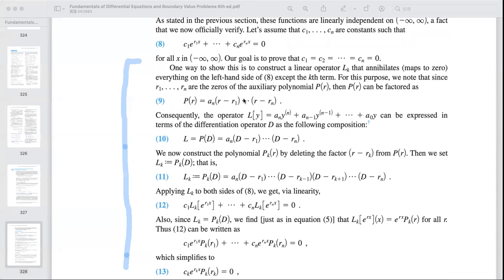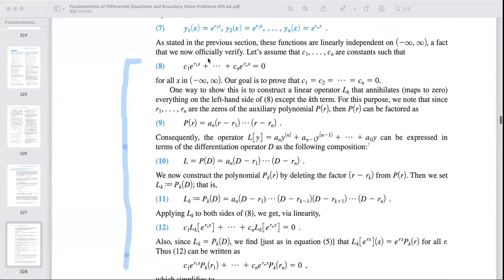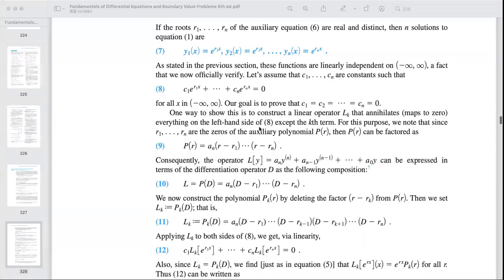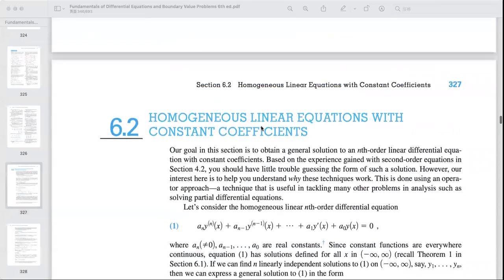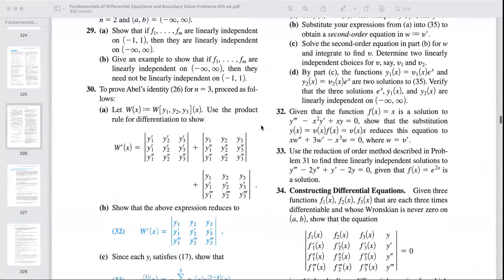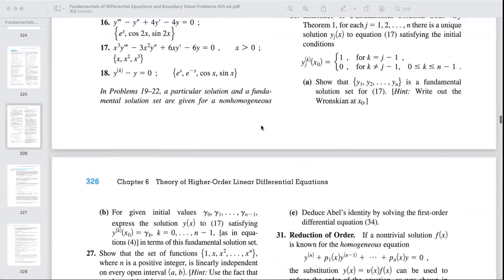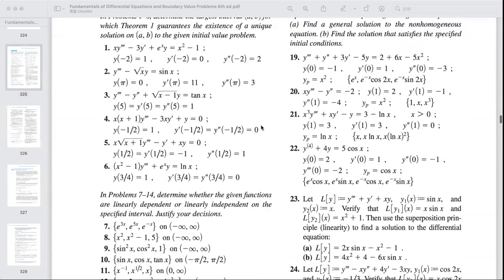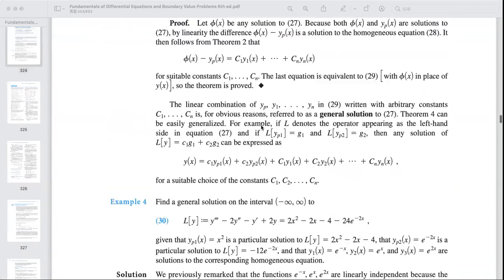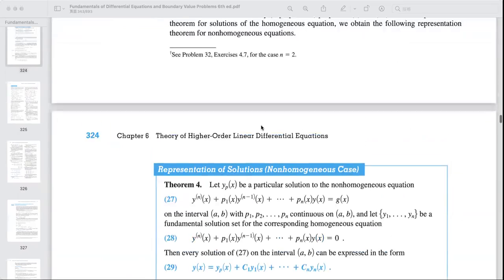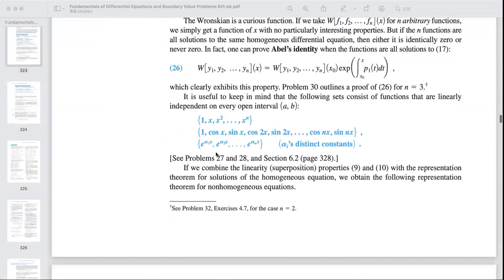Also, remember in the previous section, 6.1, at the end, we mentioned several function sets that are linearly independent. Okay, here, see?